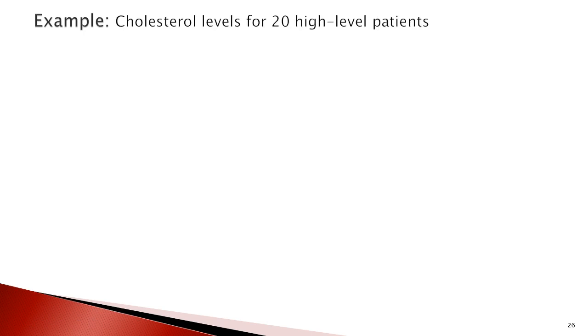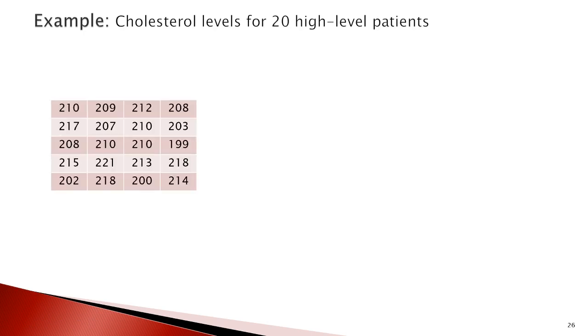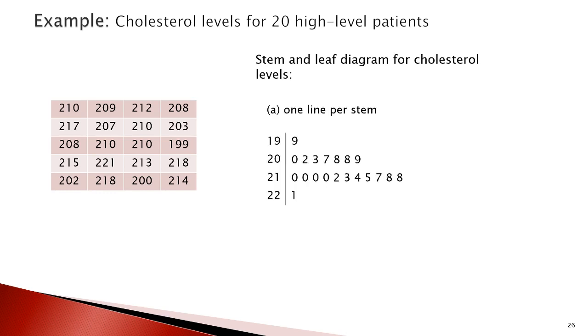Here is another example. This data set consists of cholesterol levels for 20 high-risk patients. The data are 3-digit numbers, so we take the first 2 digits as the stem and the last digit as the leaf. Here we have 19, 20, 21 and 22 as stems.